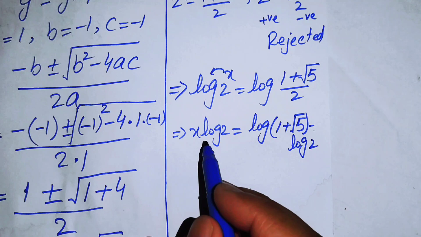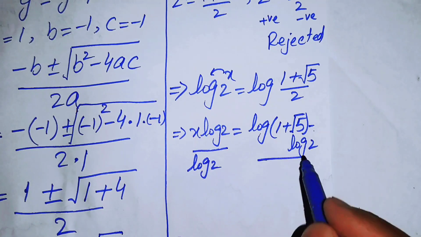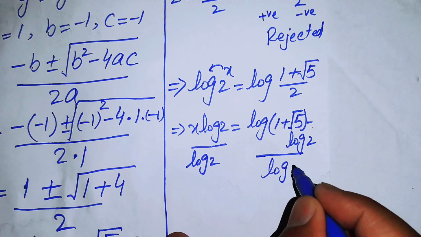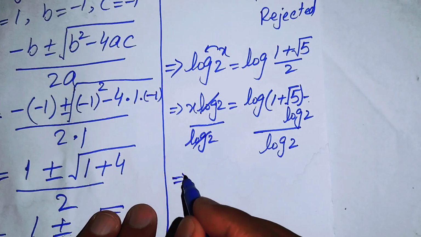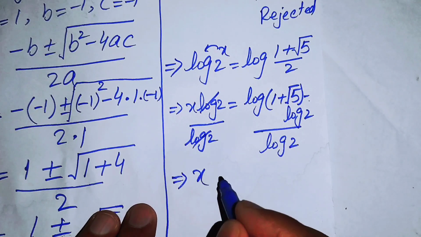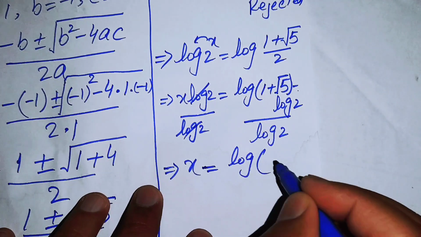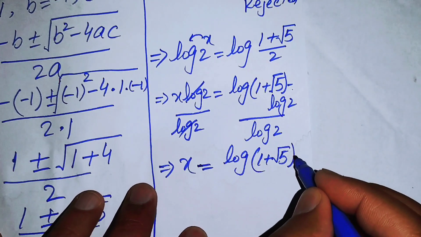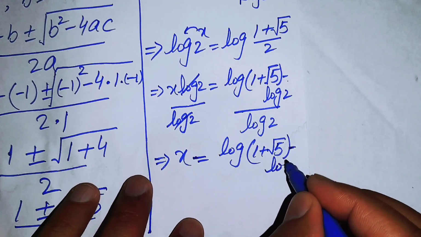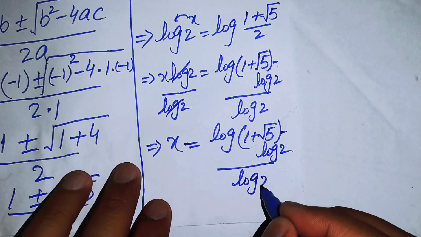After that we will divide by log 2 on both of the sides, so that the logs cancel each other out, and we get x is equal to log of 1 plus square root 5 minus log 2, and its whole over log 2.